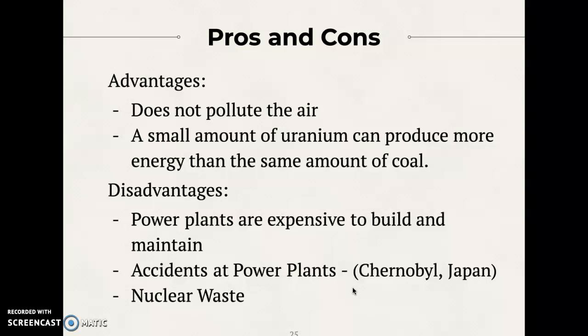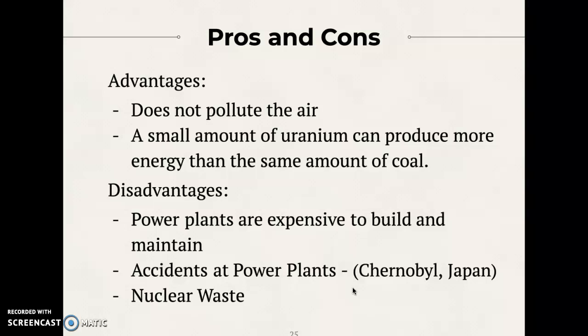Another advantage is a small amount of uranium can produce more energy than the same amount of coal. Alright, so if you put the same amount of coal and uranium in equal amounts into an energy system, you're going to get a lot more energy out of the uranium, which is what they're going to use for nuclear energy, than coal is. So you get a lot more energy for the same amount of resource.